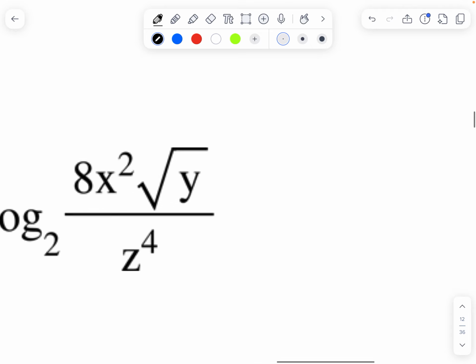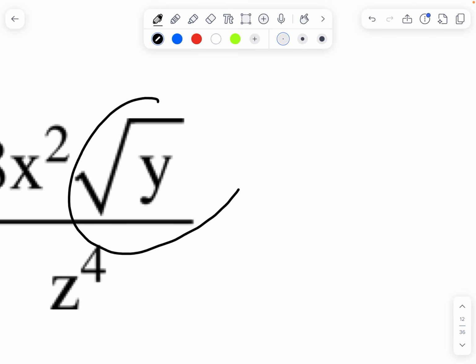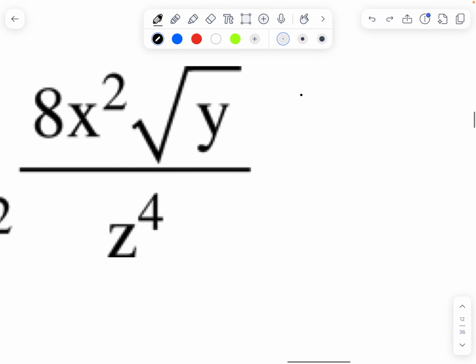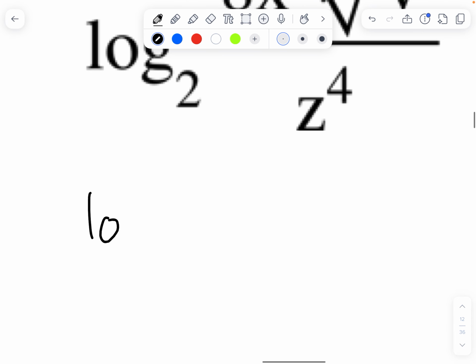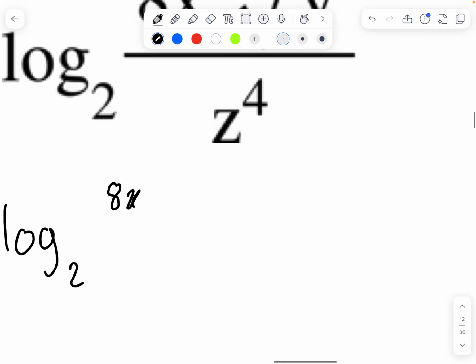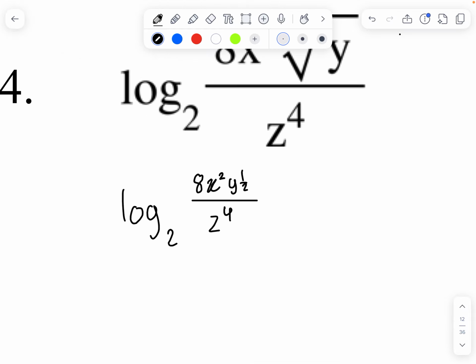First and foremost, the square root of y can be written as y to the power of 1/2. So let's go and change that. So log base 2 of 8x squared times y to the power of 1/2 over z to the power of 4. Now we can start expanding our logarithm.